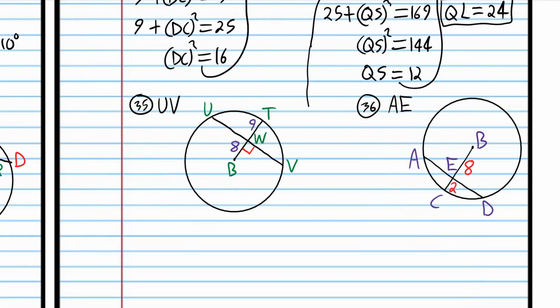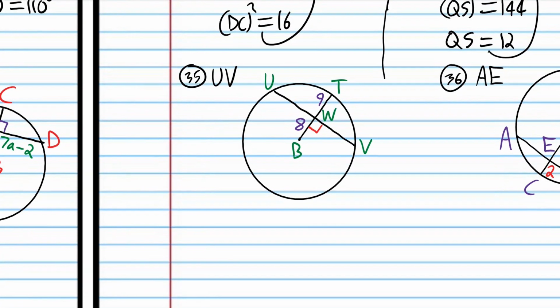All right, we're back. So we're going to be using this triangle here, and I'm going to bring that triangle out and draw it. This side is 8 plus 9, and this side is 8, and we're looking for WV.